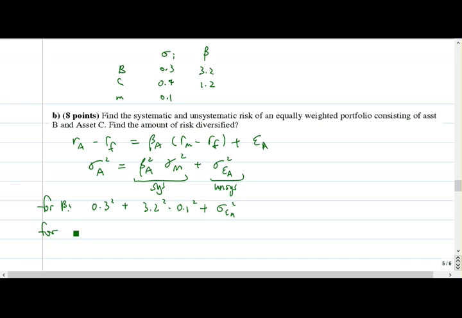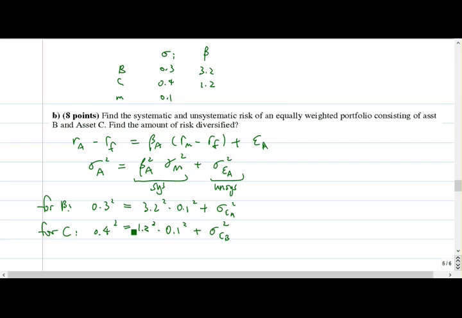And for C, we can do the same thing. This is 0.4 squared plus 1.2 squared. Okay, so from these two equations we can solve for these two.